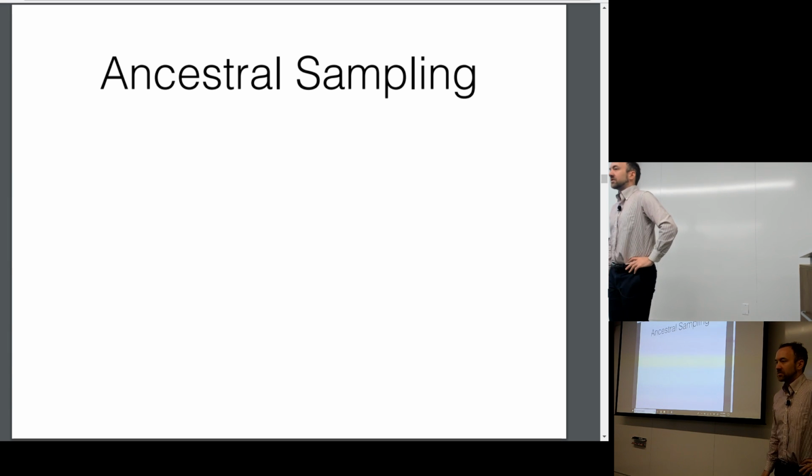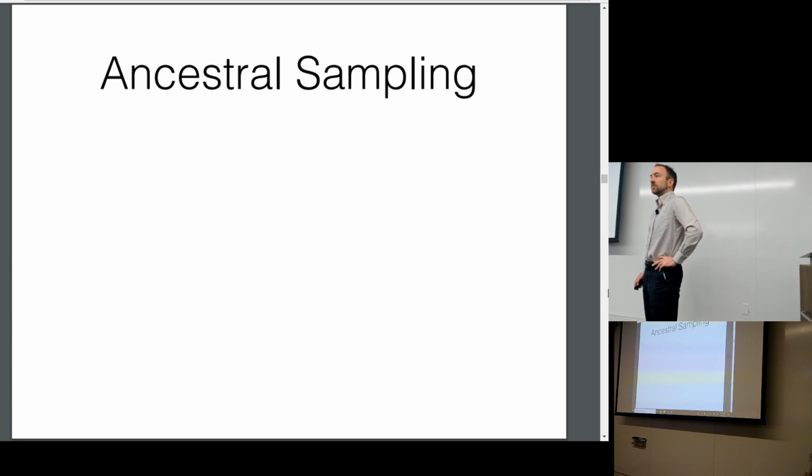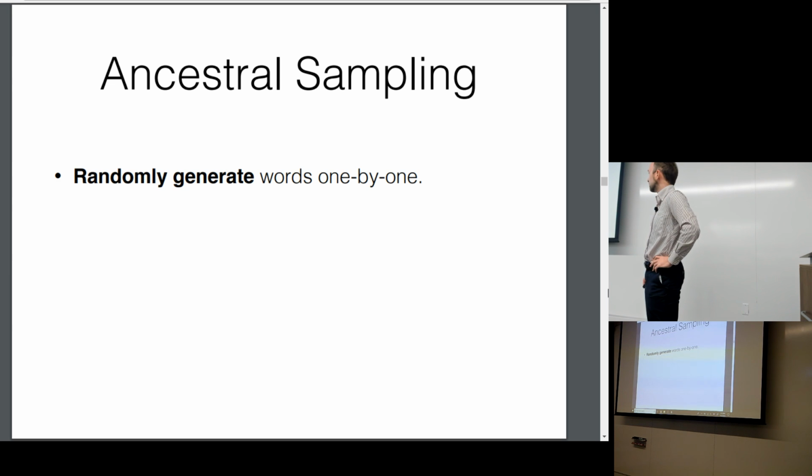So first, talking about sampling, in order to generate from these models, the simplest way to do so is with a method called ancestral sampling. This is a method for generating variables by sampling one variable first, then sampling the next variable, conditioned on the first variable.